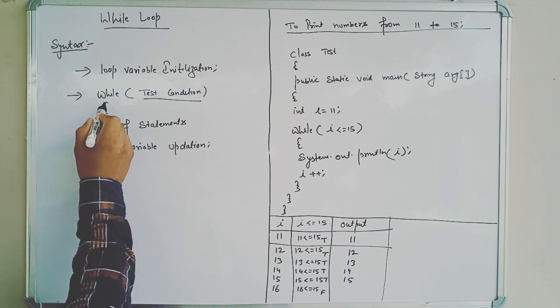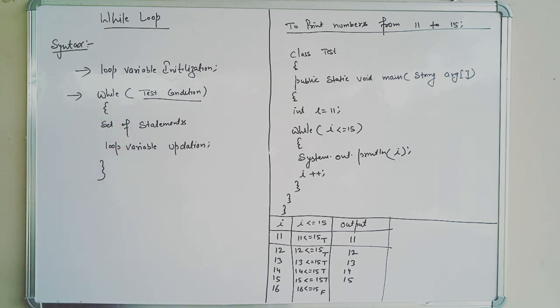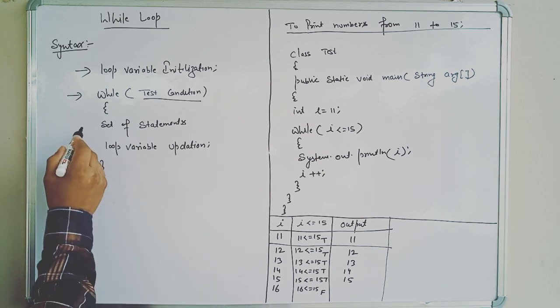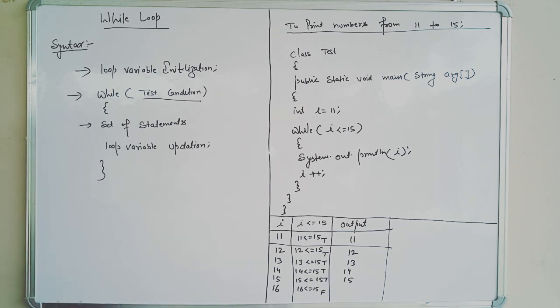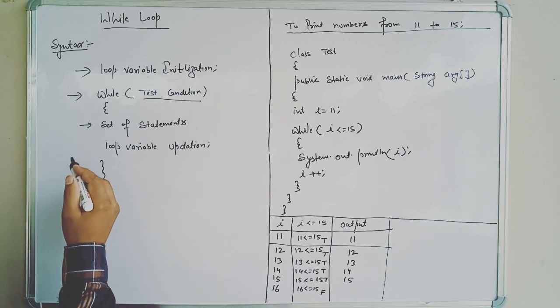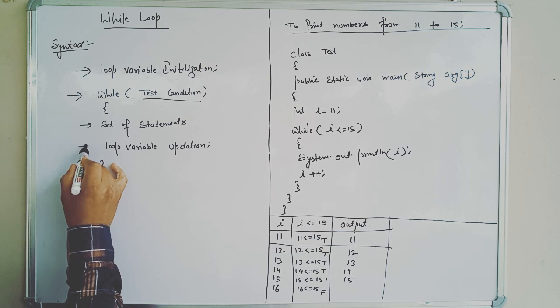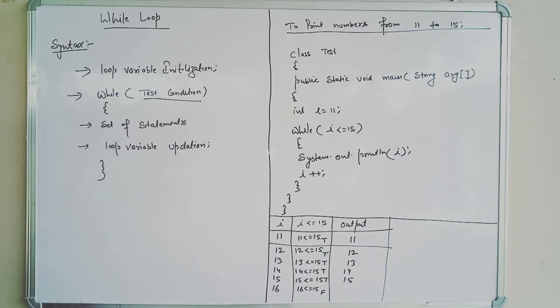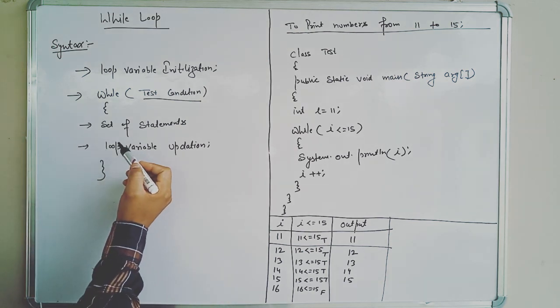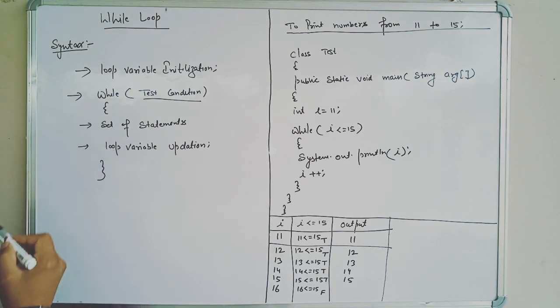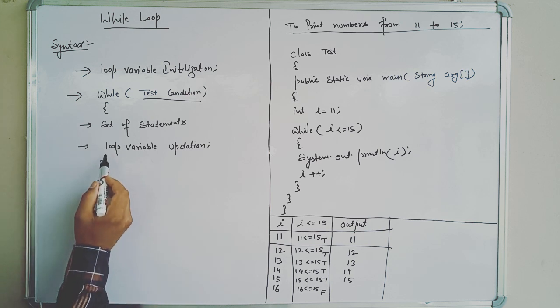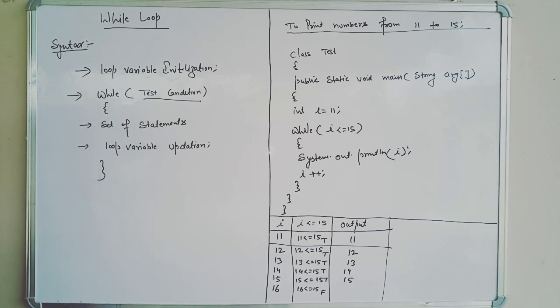Now here this bracket represents the body of the loop. Here it represents the statements that we want to execute again and again, and this is very important: loop variable updation. Now just try to understand, loop variable updation must be within the loop body.